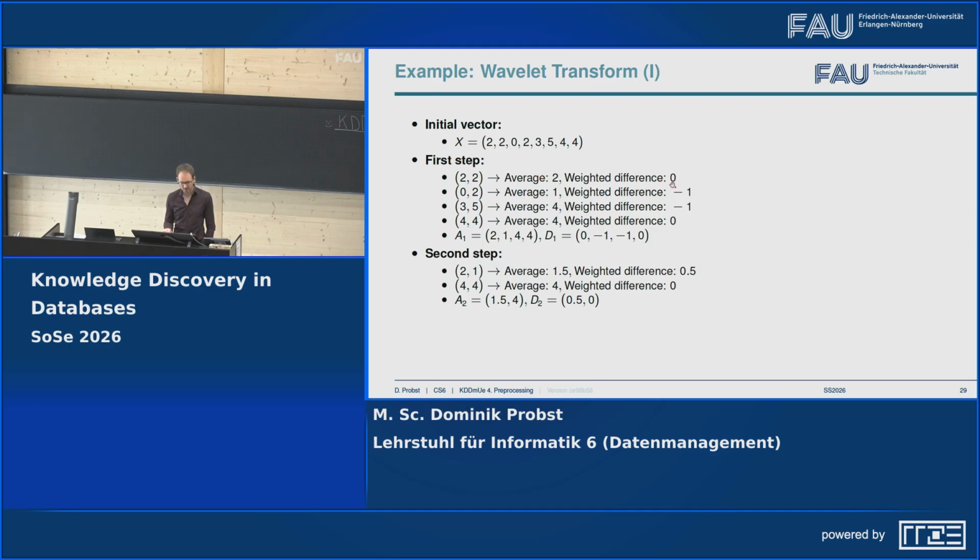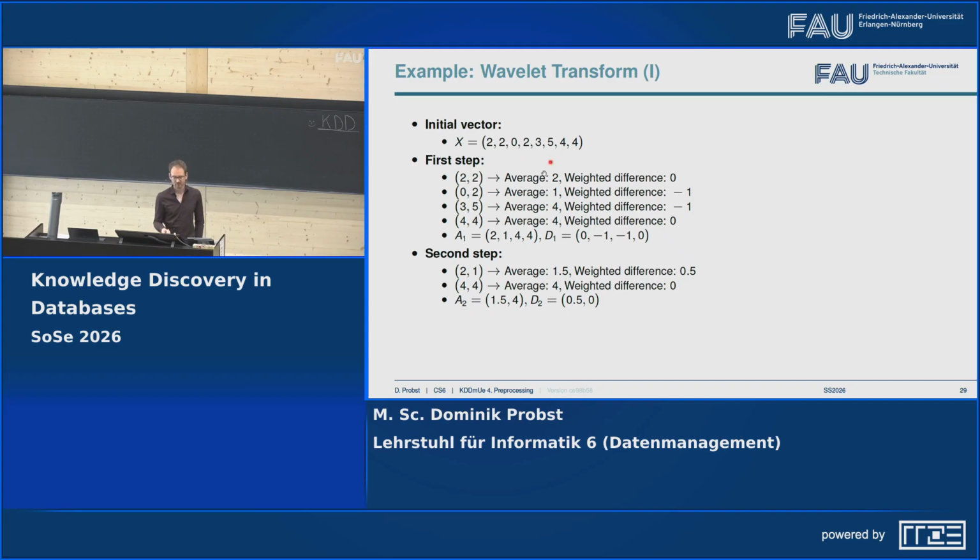The difference function takes the first value minus the average, which is 0. We can do the same for the second pair, 0 and 2. In this case, the average is 1, and the difference, 0 minus 1, is minus 1.